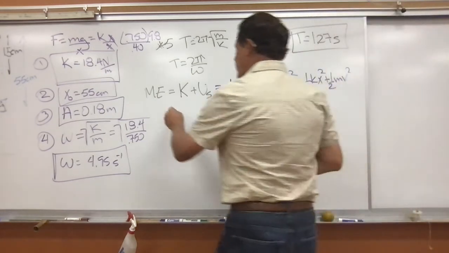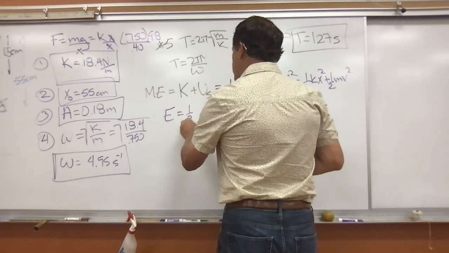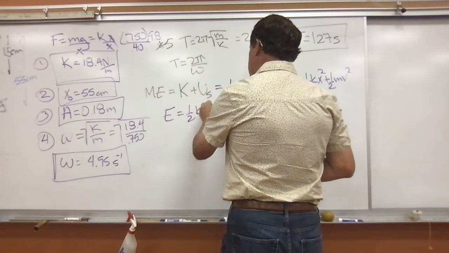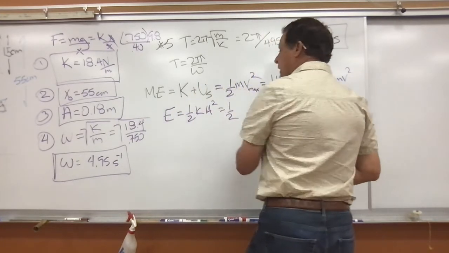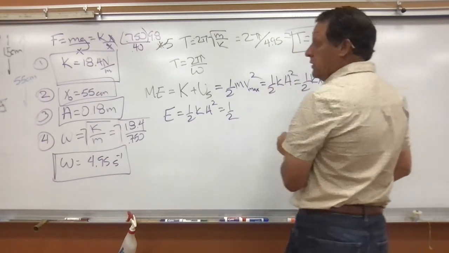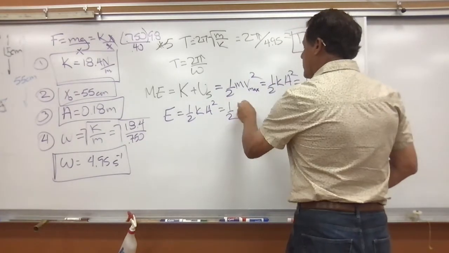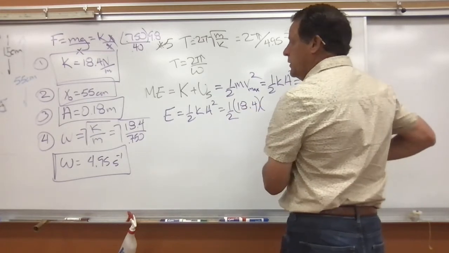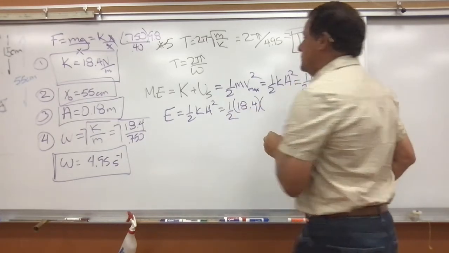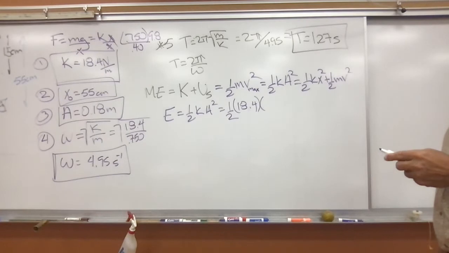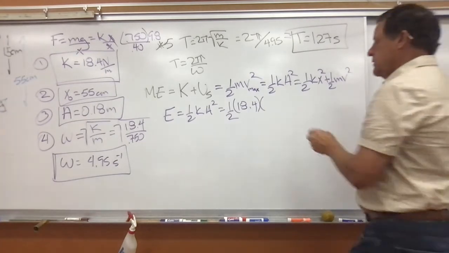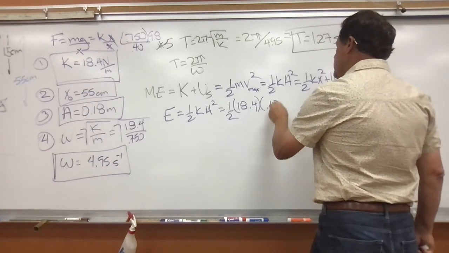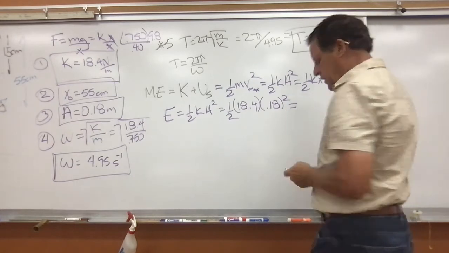So we're going to say energy is equal to 1/2 k A squared, and our k is 18.4, and our amplitude is, what was our amplitude? 0.18 squared.